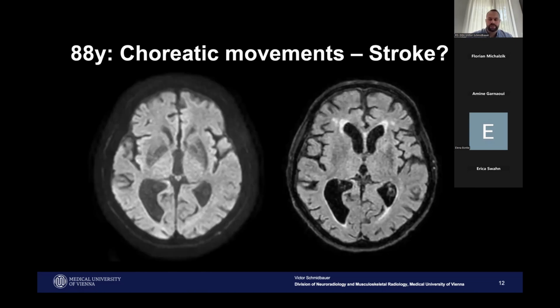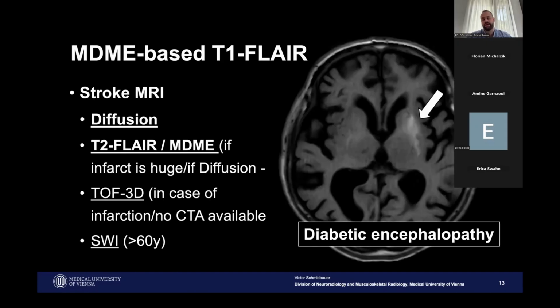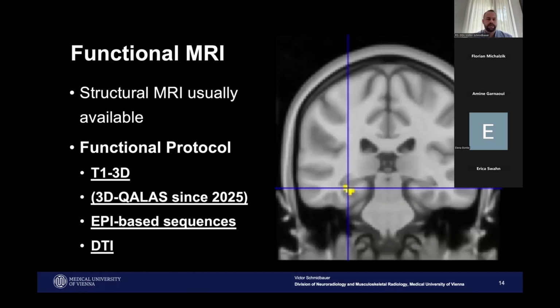And when we switch back to the FLAIR sequence, which would be the anatomical sequence in the stroke protocol, there is no evidence of diabetic encephalopathy on this imaging data. So this is a nice example of how MDME-based imaging may enhance such protocols and how it may help in the clinical routine. So now let's have a look at another case.